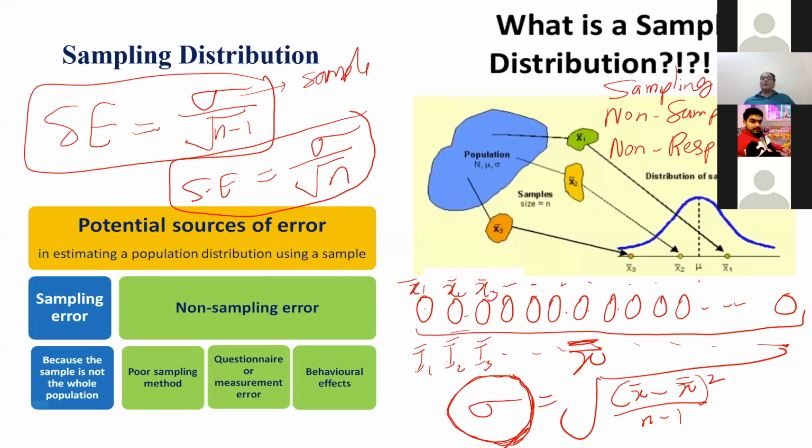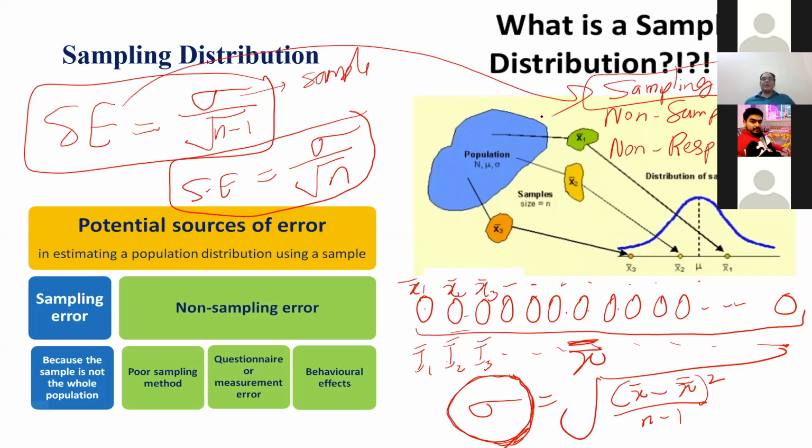If you pick 100 students and the average CAT score is found to be 97, in that case this difference of 1 is due to chance, due to the sampling process. So we call this sampling error. This standard error is a measure of the sampling error.